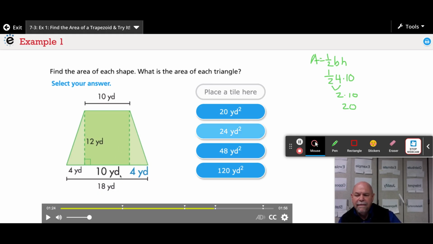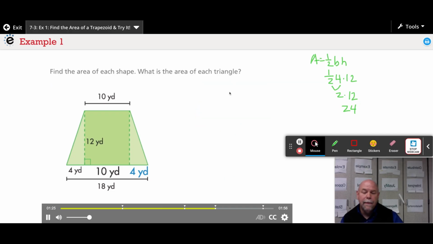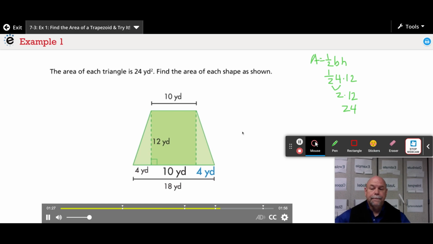I did 1/2 of 4 is 2. Oh, the height is not 10, the height is 12. There we go. So the height is 12. 1/2 of 4 is 2, and 2 times 12 is 24. Whew! The area of each triangle is 24 square yards.